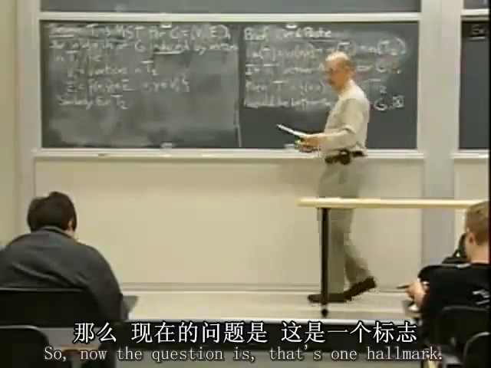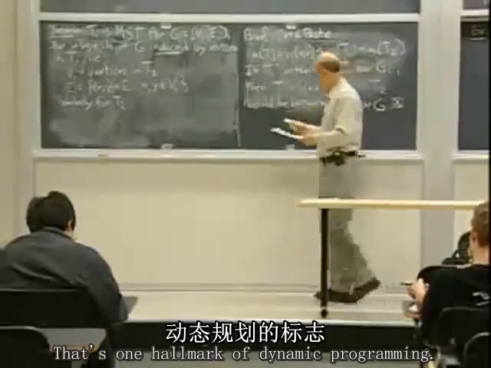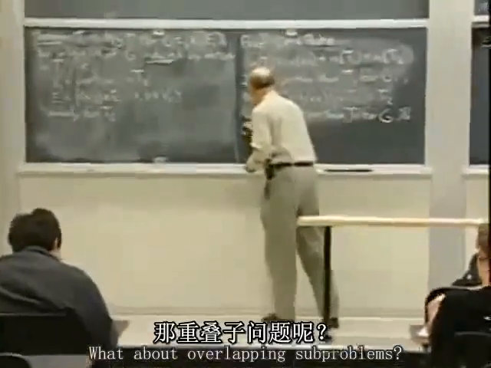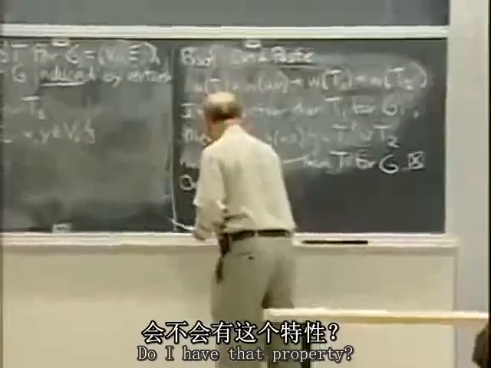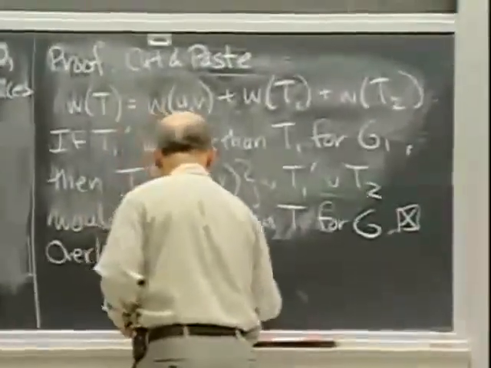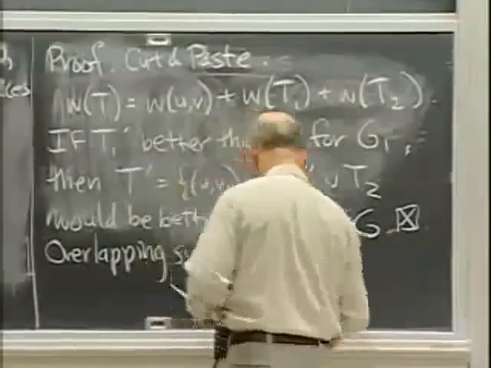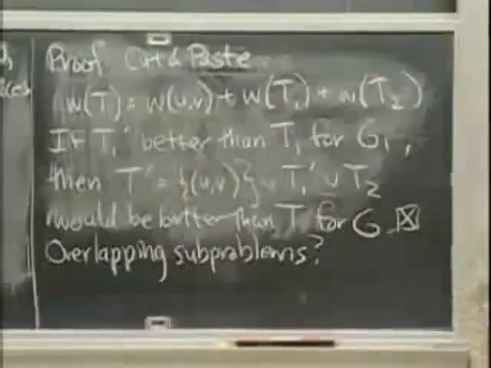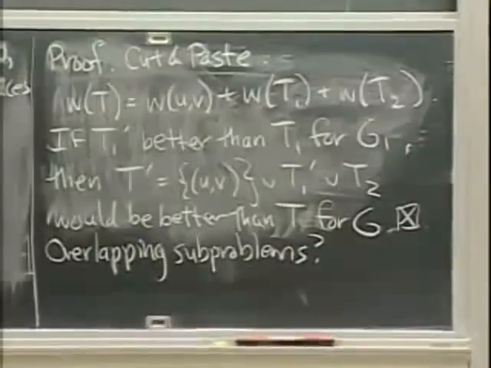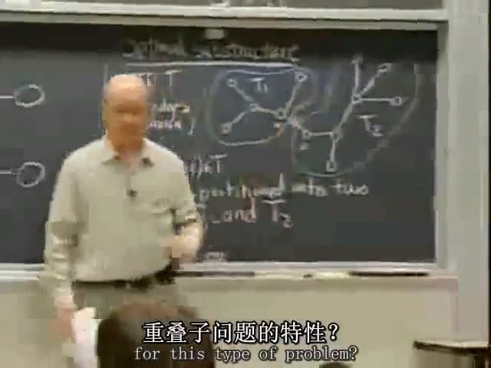So now the question is, that's one hallmark of dynamic programming. What about overlapping subproblems? Do I have that property? Do I have overlapping subproblems over here for this type of problem?